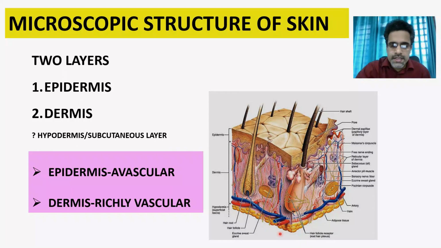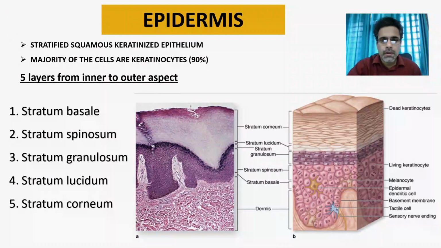Again we have the subcutaneous area, usually called the hypodermis. Remember, the epidermis is usually less vascular, but the dermis, the deeper portion, is richly vascular, with rich blood vessels.